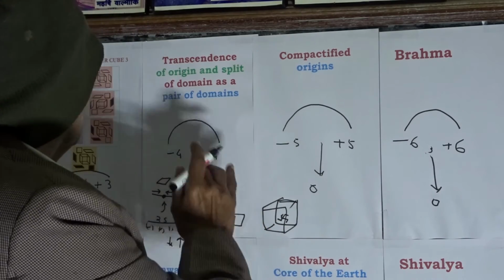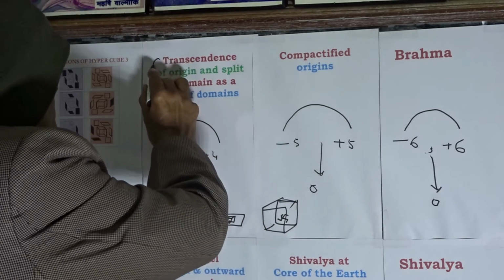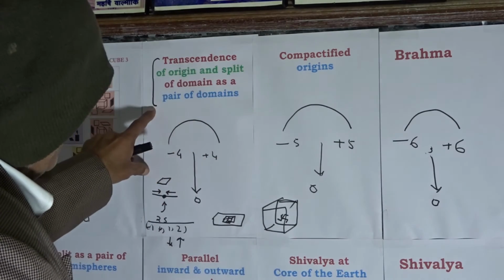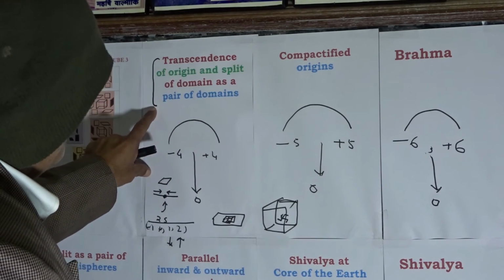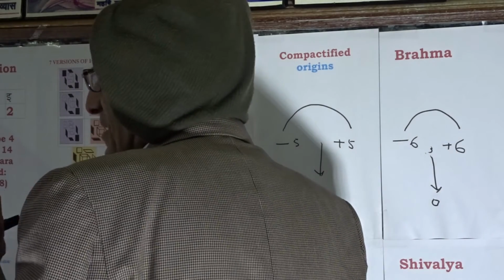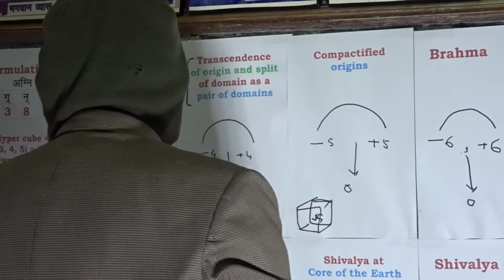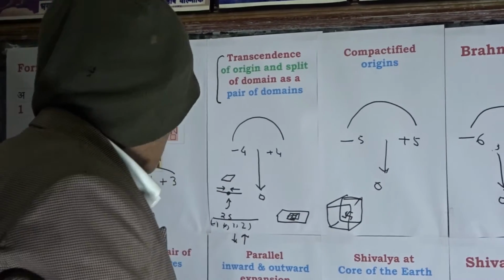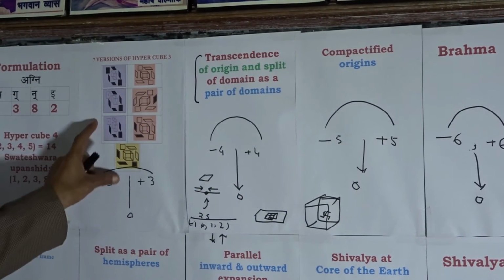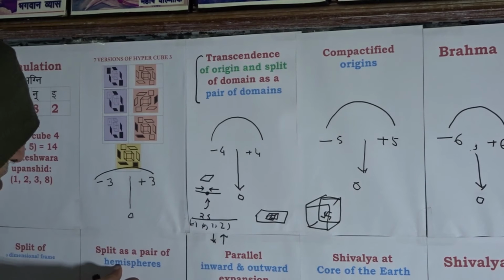It is this concept of transcendence of an origin, split of a domain, and compactified origins. So it is this compactified origins concept and simultaneously split of a sphere as a pair of hemispheres.